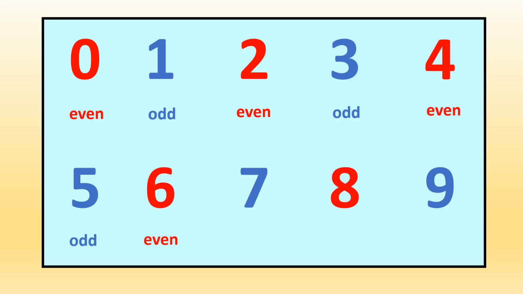And if 6 is an even number, 7 is an odd number. And if 7 is an odd number, 8 will be an even number. And if 8 is an even number, 9 will be an odd number.